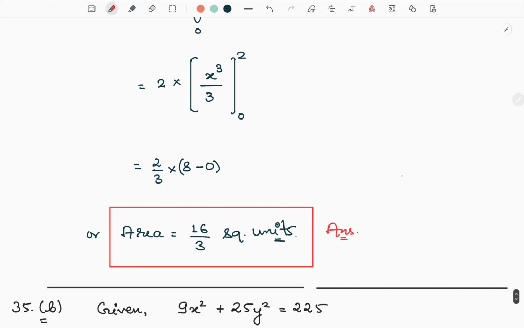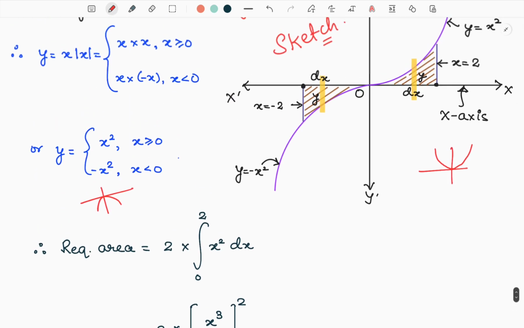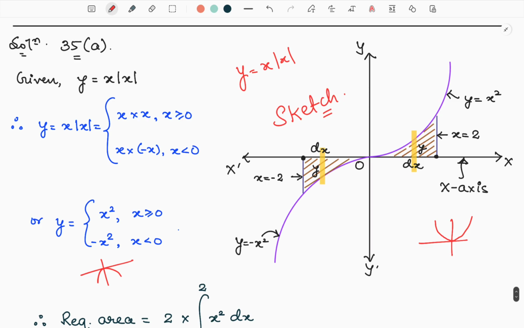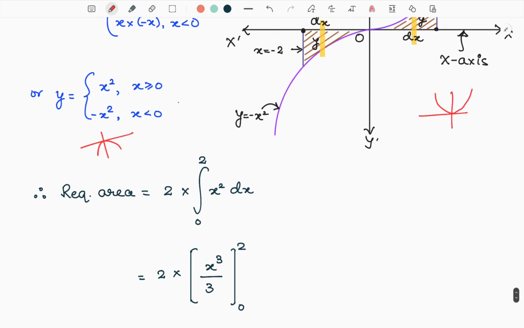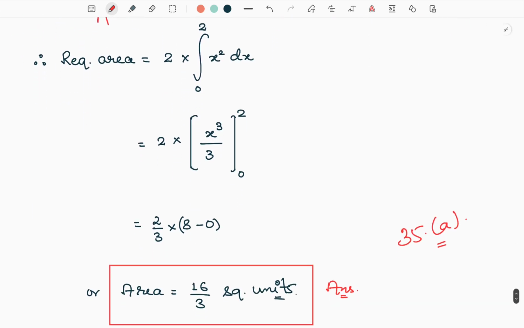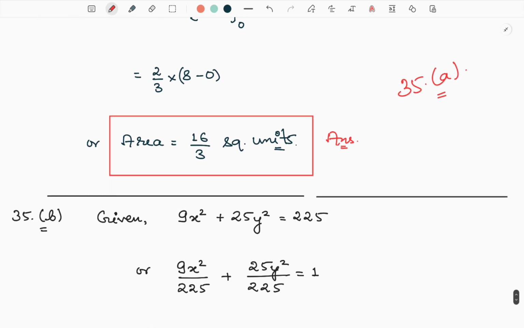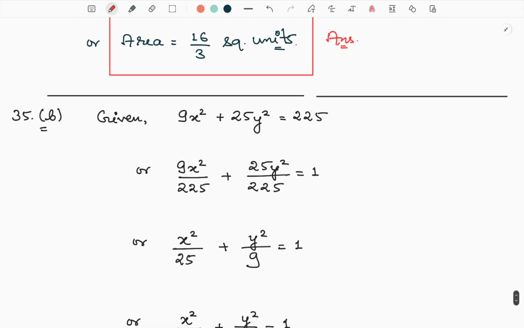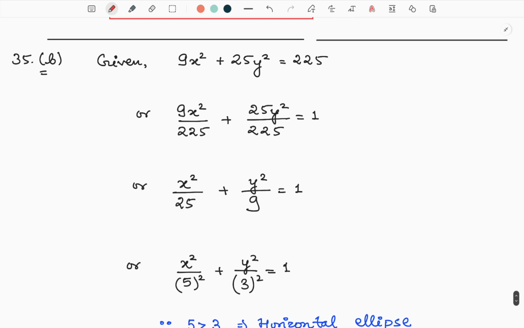So in my opinion 35a is easier to solve and takes very little time, but in the sketch I think most of the students will make mistakes. So keep in mind it is easier and less time taking, but it is also critical to draw the correct graph.